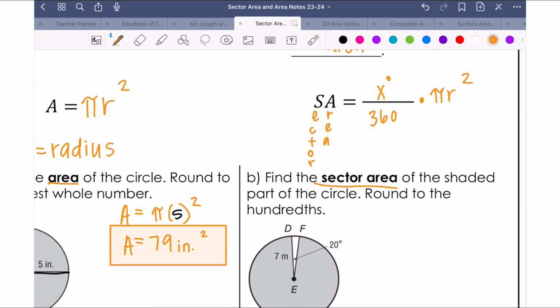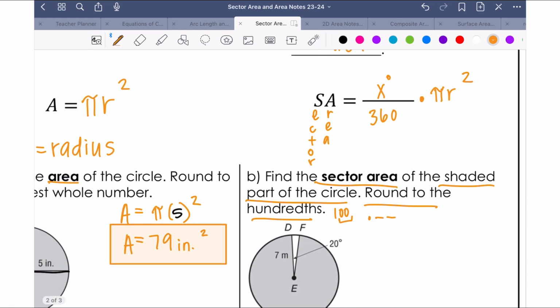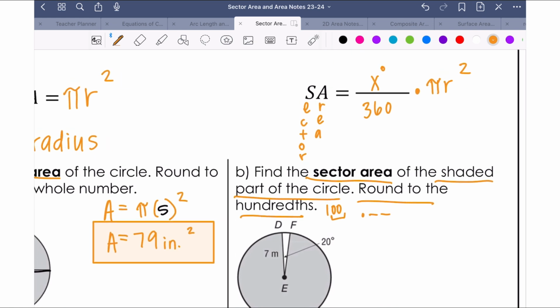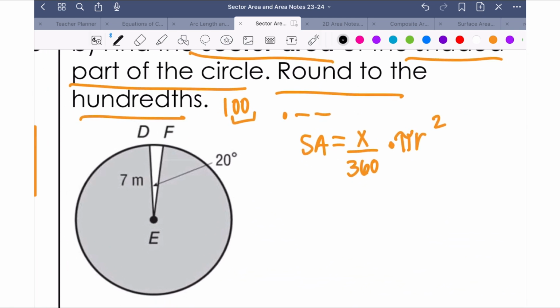Find the sector area of the shaded part, round to the hundredths. So hundredths has 2 zeros, so I need 2 numbers after my decimal. I'm going to rewrite the equation. Sector area equals x out of 360 times pi r squared. So we're plugging in two things here. What are we plugging in?